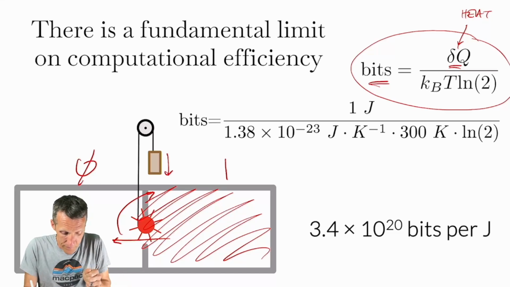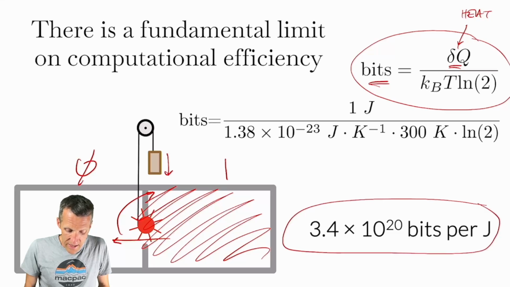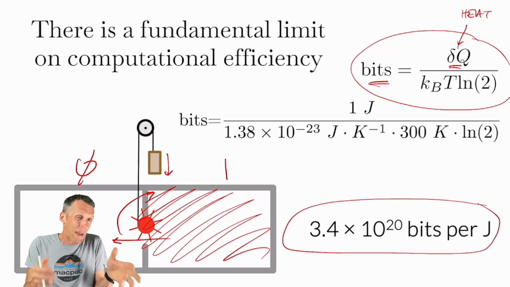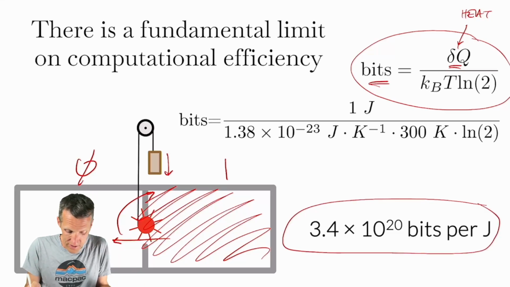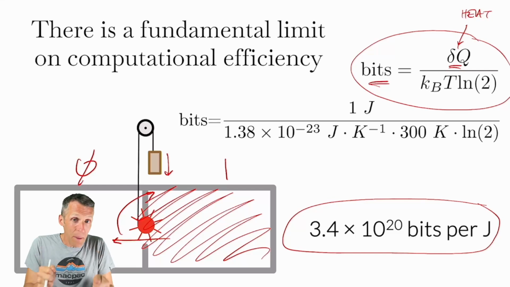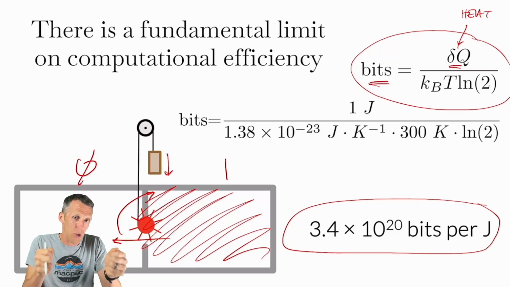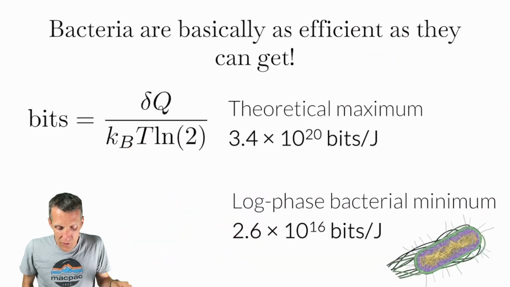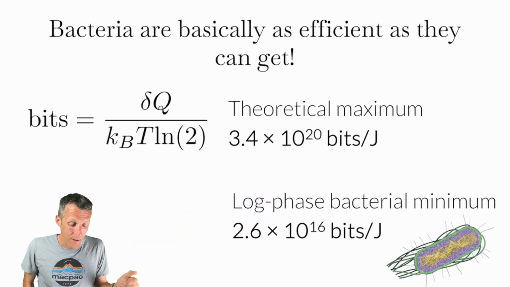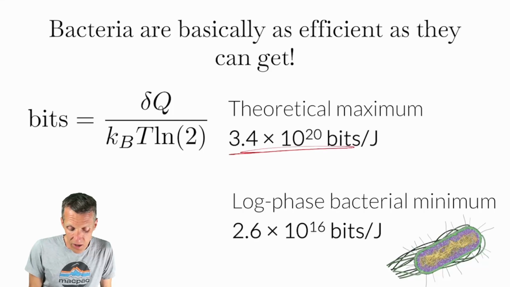If you plug numbers into this equation, what you get is that the best you can do with information is 3.4 times 10 to the 20 bits per joule, whatever the heck that number means. But what's really interesting is that this is basically the best computational efficiency you can have energetically, and if you compare that to a bacterium, bacteria are getting awfully close to that limit. So this is the theoretical maximum, right?